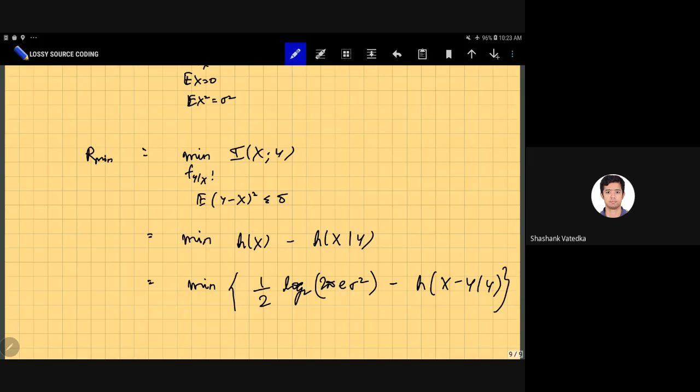Because x minus y is a deterministic function of y, so h of x minus y given y is the same as h of x given y.